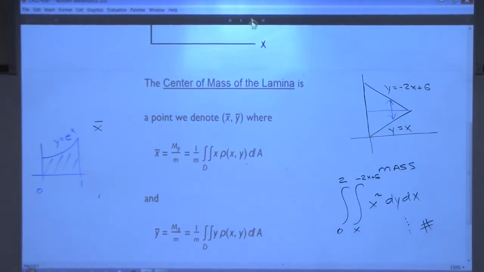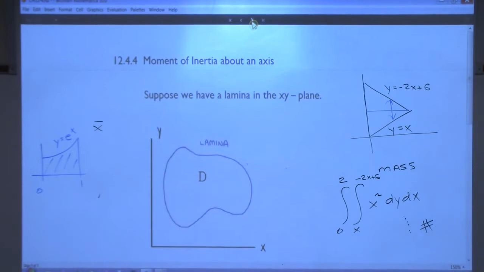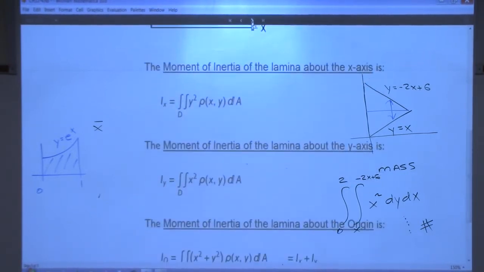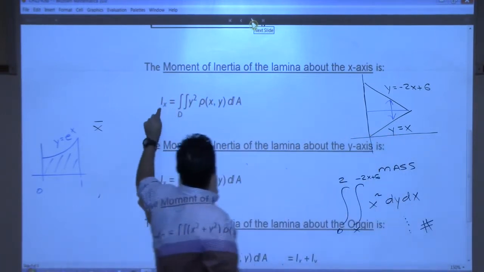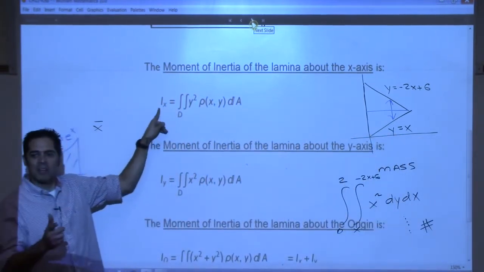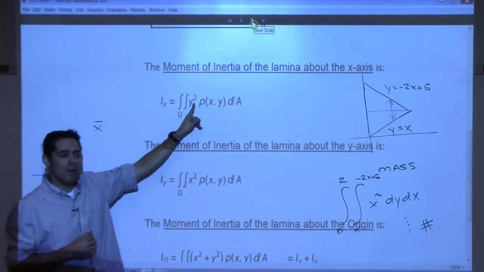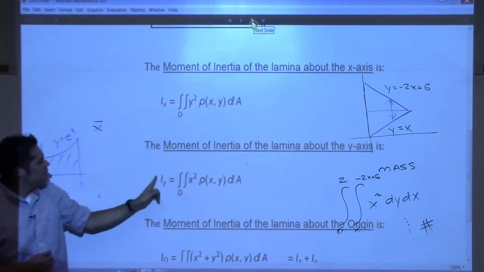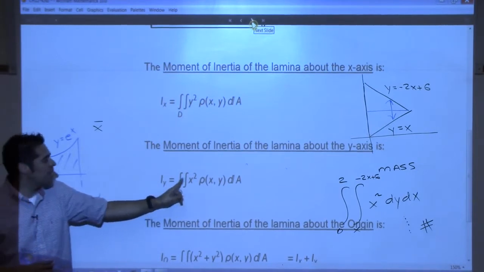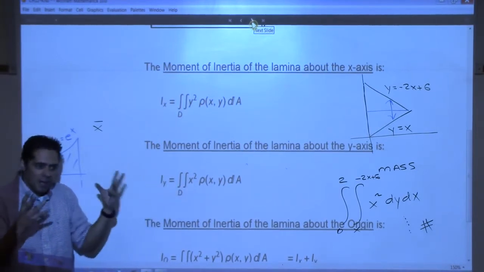There are two more formulas. Moments of inertia, there are these 3 formulas. Moment of inertia about the x-axis is almost like the moment about the x-axis. Instead of multiplying by y, you do y squared. The moment about the y-axis, instead of multiplying by x, you do x squared. So again, it's very similar.